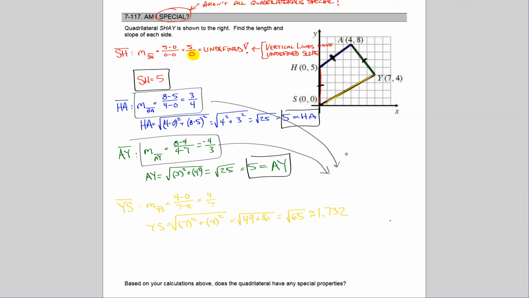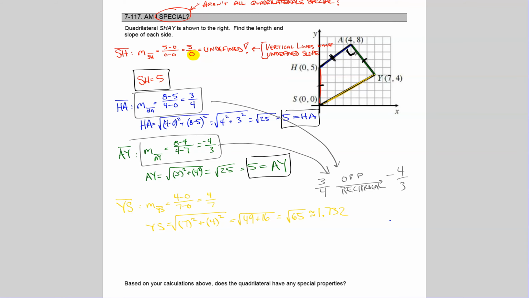If I take a slope of 3/4 and go through that little transformation we talked about, the opposite reciprocal, which means I change the sign and flip the fraction, we can see that segment HA and segment AY are actually perpendicular because their slopes are opposite reciprocals. So I'm going to add a right angle mark in the picture between HA and AY. Okay, so that's some things I noticed.